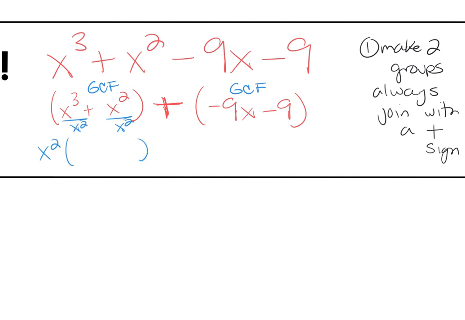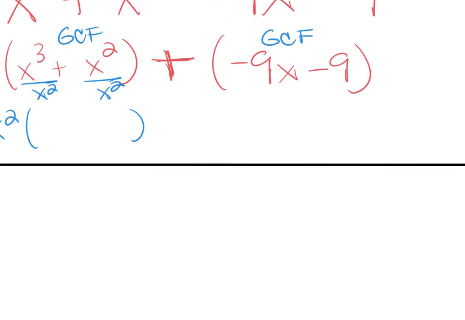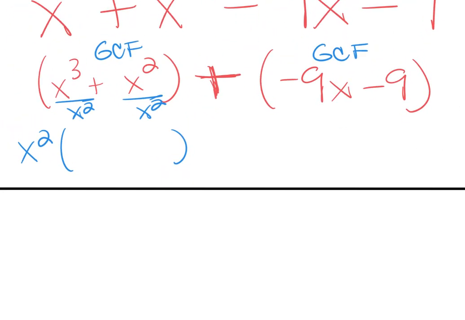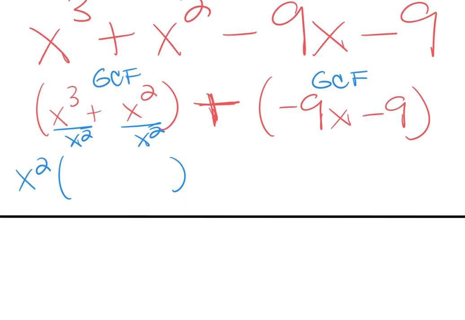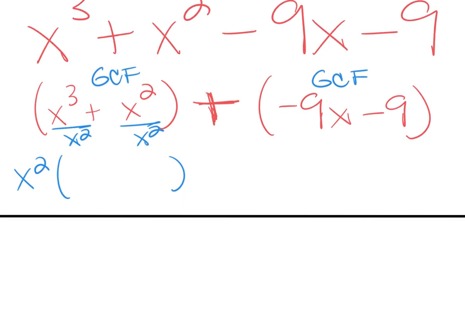To take it out, I'm dividing. We're dividing everything by that GCF. When you divide, we're really subtracting those exponents. So x to the third over x squared gives me x. Bring down that plus sign. X squared over x squared gets me 1. Bring down your plus sign.